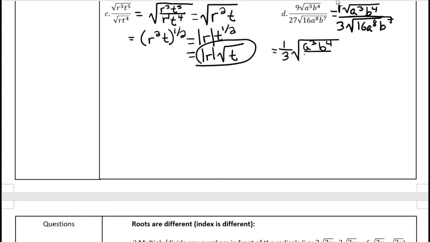Oh, also, I'm going to do one thing before I do the division. So we know that the square root of 16 is 4. All right, so what I'm going to do is I'm going to pull this out as a 4, and I know that 3 times 4 is 12. Okay, so I'm gonna write this out.